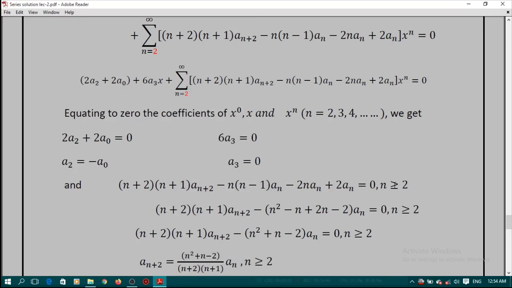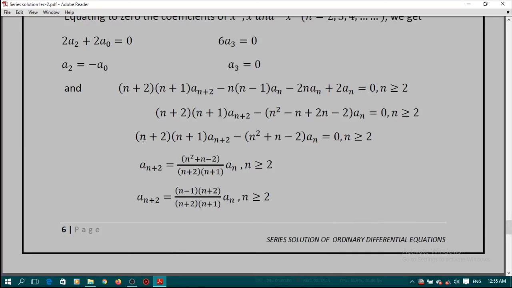So here let's simplify this. So we get (n+2)(n+1)a_(n+2) plus (2 minus n square, after simplifying, n square minus n minus 2n plus 2n minus 2) bracket complete a_n, that equals to 0, where n is greater or equal to 2.